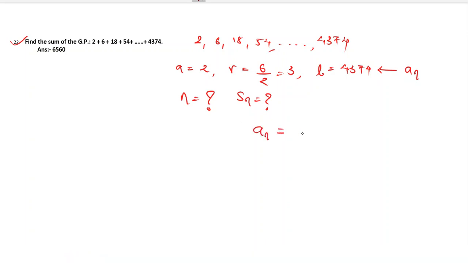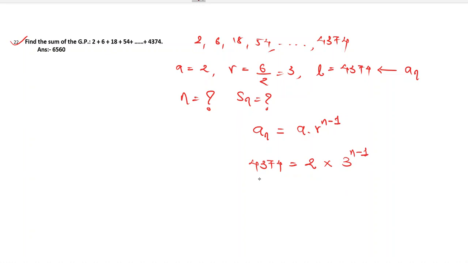Nth term is equal to a into r raised to n minus 1. That's the formula for the nth term of a GP. What is the nth term? The last term, 4374. What is a? The first term, 2, multiplied by what is r? 3 raised to n minus 1.